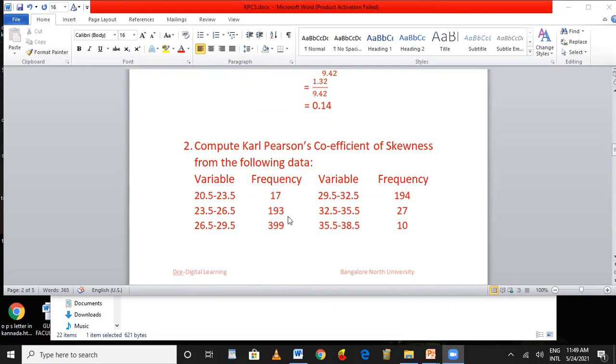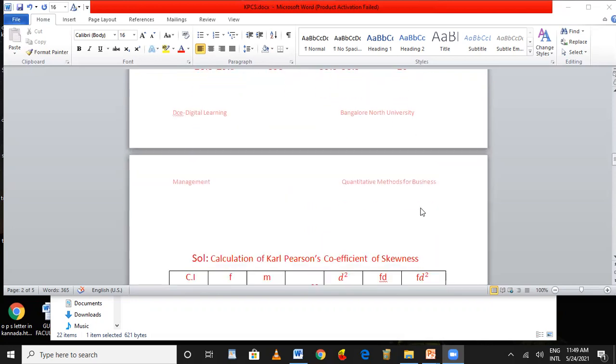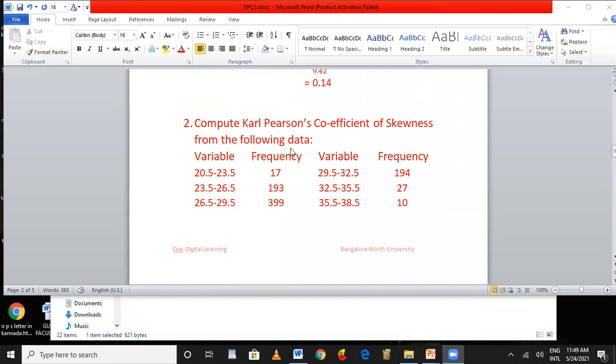Frequency: 17, 193, 399, 194, 27, 10. Here they are asking us to calculate Karl Pearson's coefficient of skewness, that is SKP. The formula for SKP is mean minus mode over standard deviation. We have to calculate the mean, the mode, and the standard deviation.